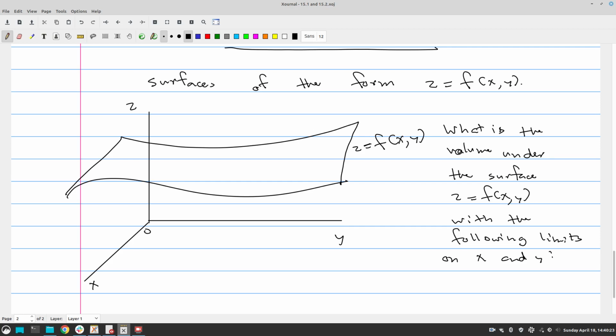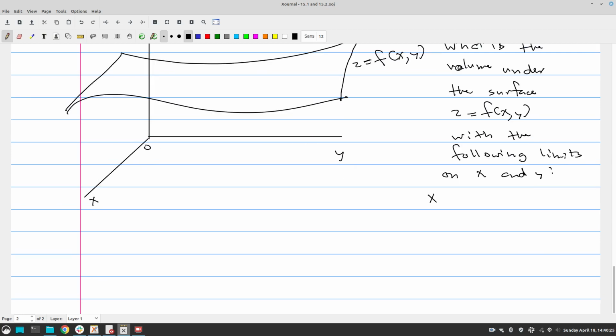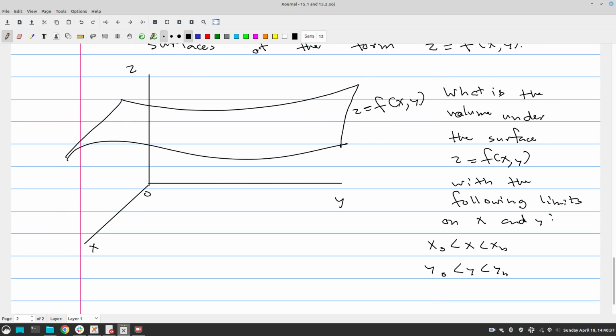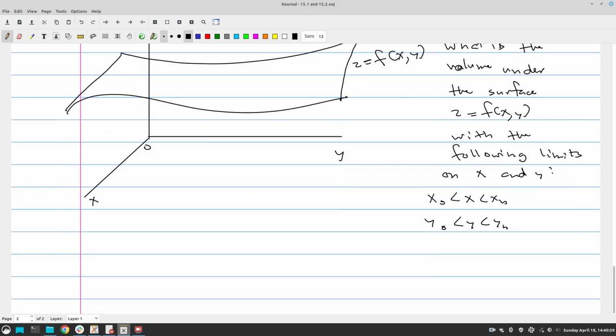For example, x goes from x naught to xn, and y goes from y naught to ym. How do we solve this problem? Let's not call it yn, let's call it ym, right? How are we going to solve this problem?